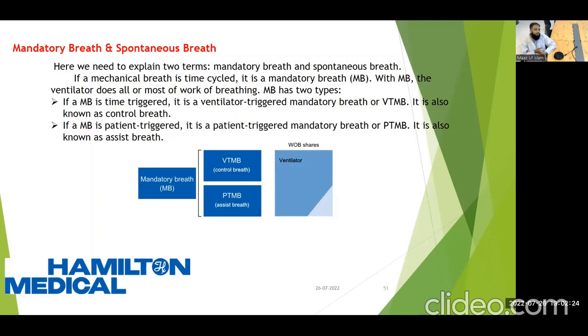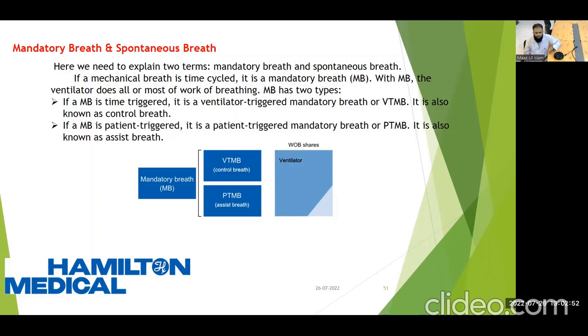With a mandatory breath, the ventilator does all or most of the work of breathing. Mandatory breath has 2 types. What are the 2 types? The number 1 is, if a mandatory breath is time triggered, it is a ventilator triggered mandatory breath, or VTMB.